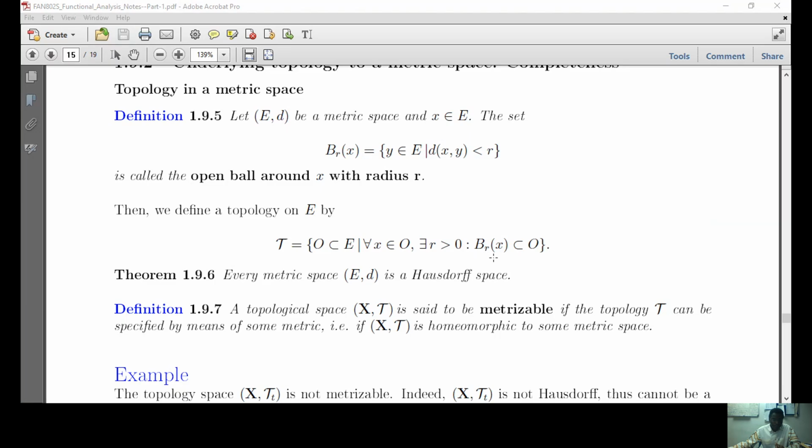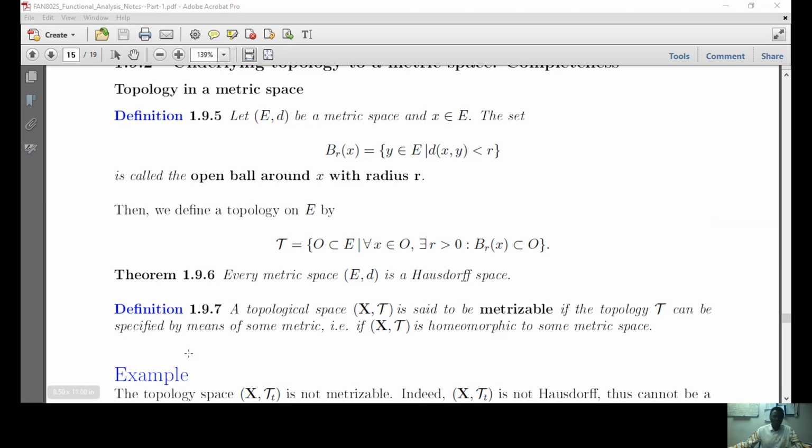You can see here, for each point we say we can find a radius such that O contains an open ball centered at x. So that means that O, this open set, is a neighborhood of each of its points. So that's how we define an open set, or the open sets of the topology.